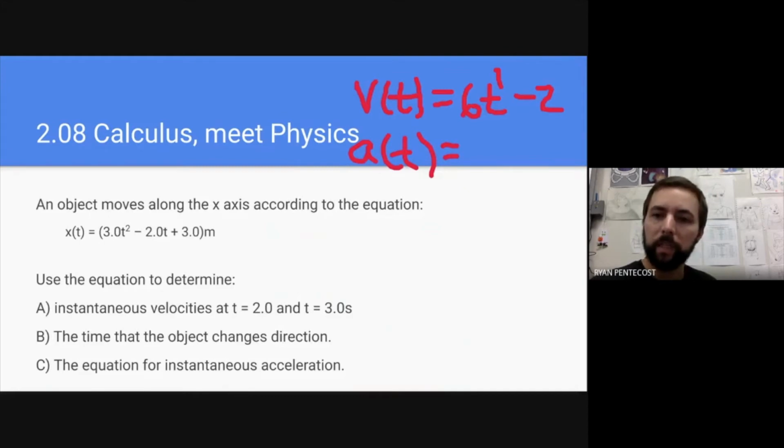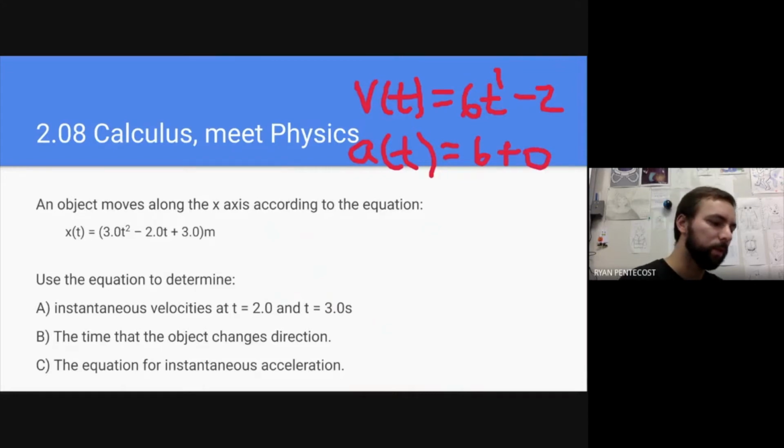That would give you t to the 0, and t to the 0 power is 1. So you would have 6 times 1, just 6. And the 2 has no variable, so it gets no derivative. So you'd have 6 plus 0. So your acceleration function is 6 meters per second squared.